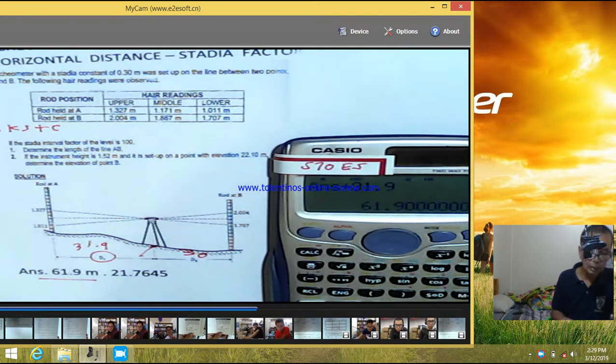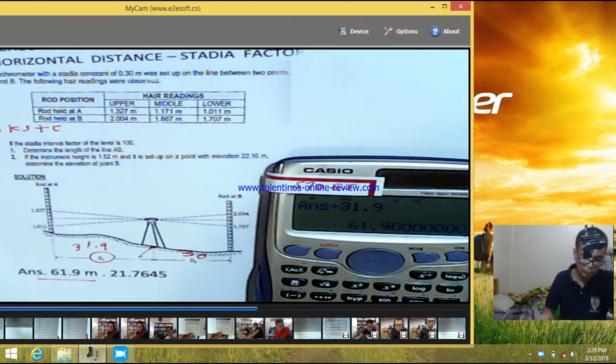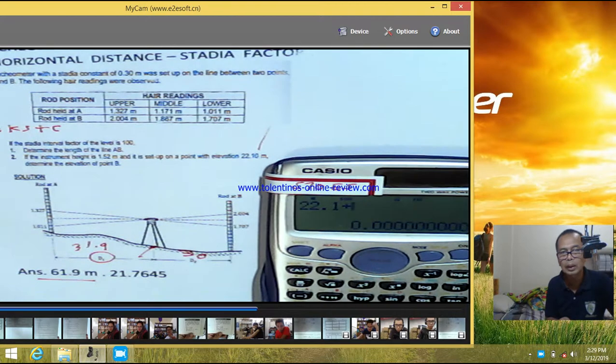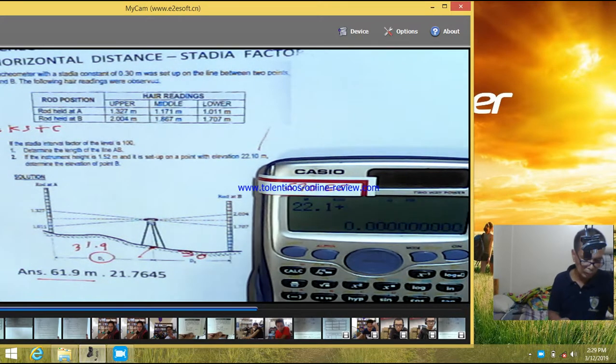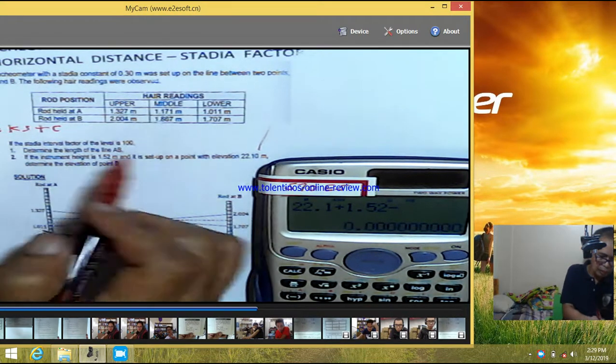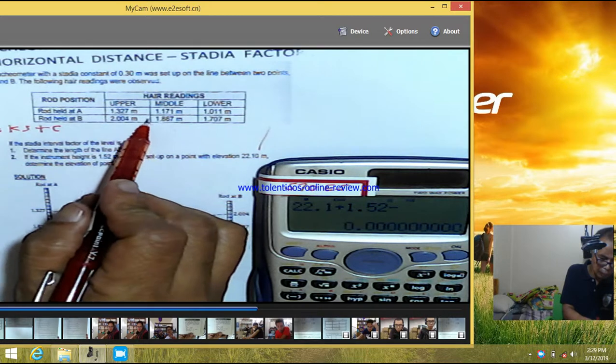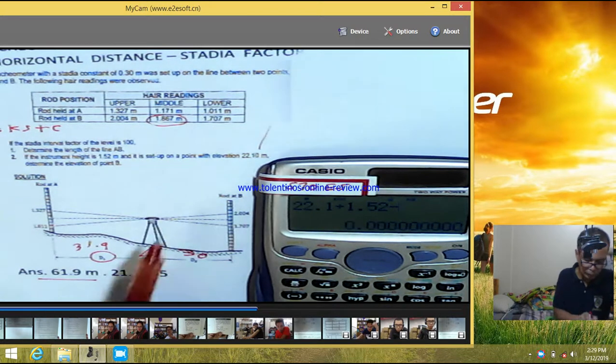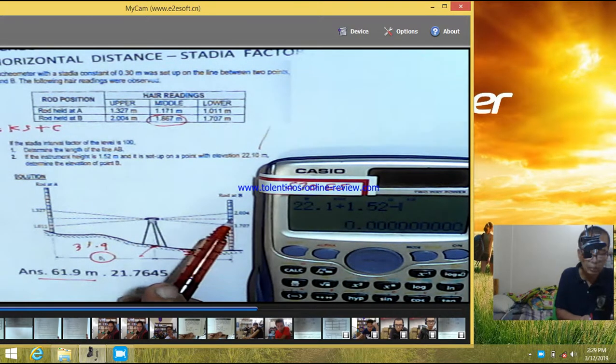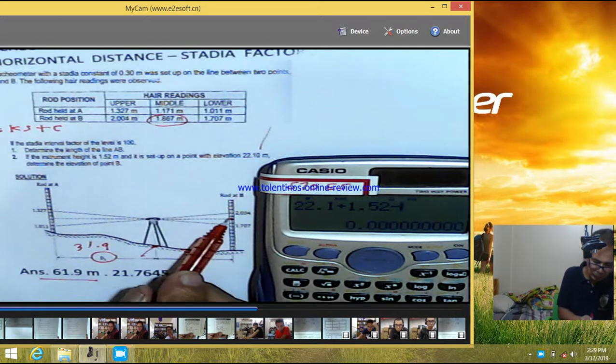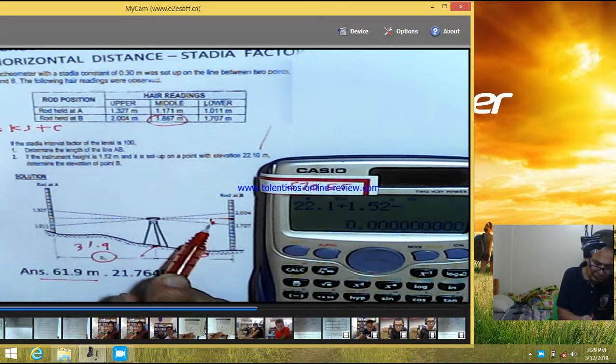Okay, 22.1, add ko lang yung height ng instrument, which is 1.52, and then isubtract ko lang yung middle reading nito sa B. Kasi ito yung hinahanap, ito yung distance dito. There, yung gitna na yan.